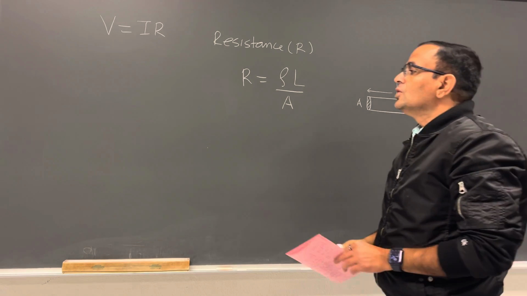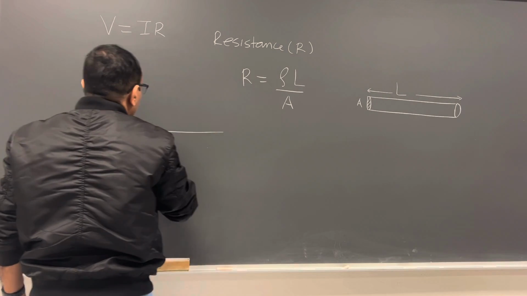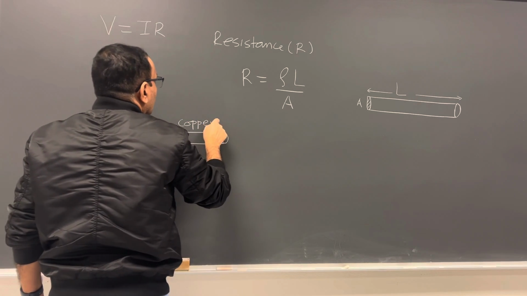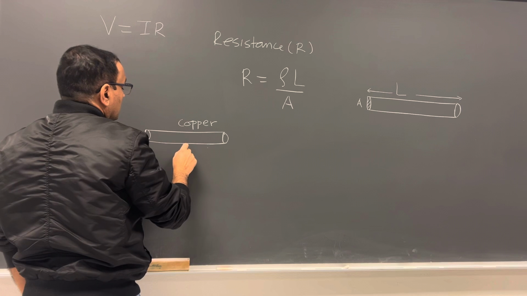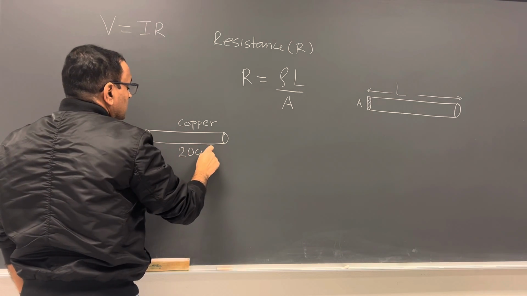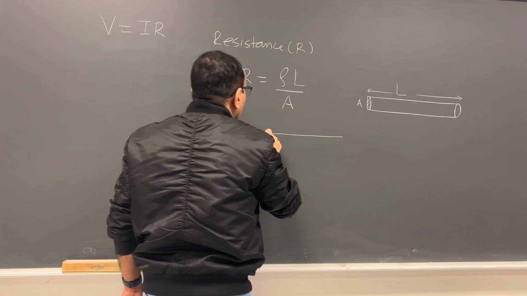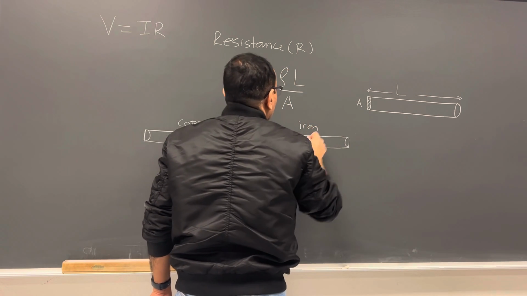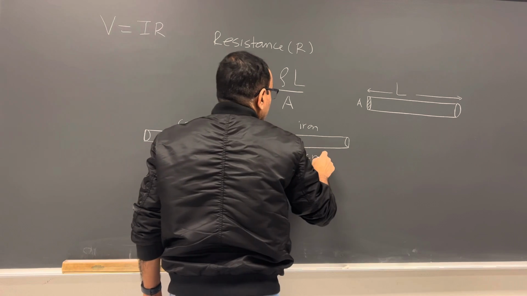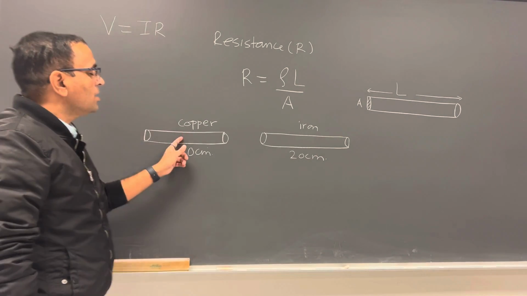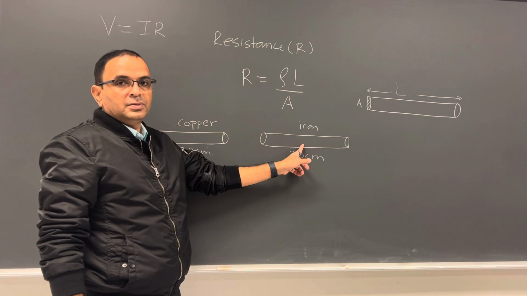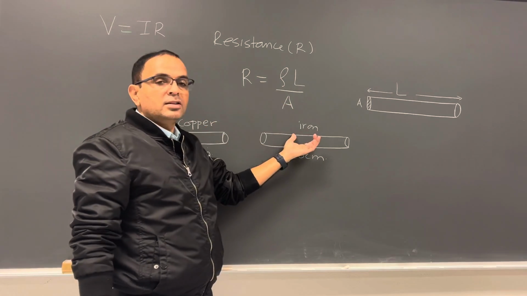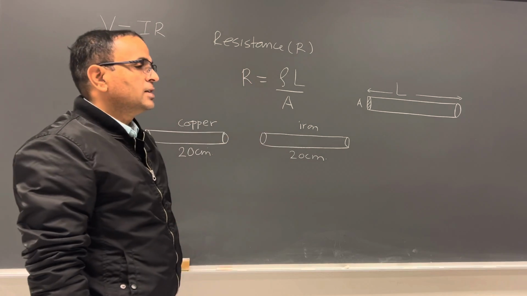If you have two conductors, let's say this is copper and its length is 20 centimeters, and if you have iron and length is again 20 centimeters, the resistivity of copper and iron is different. So rho is different. Copper has one resistivity, iron has another resistivity, and of course you get different resistance.